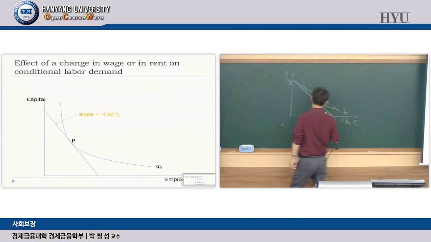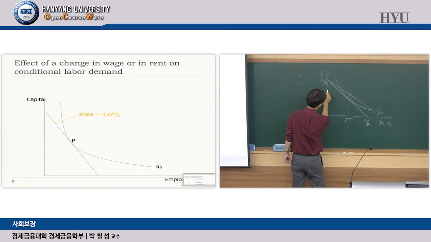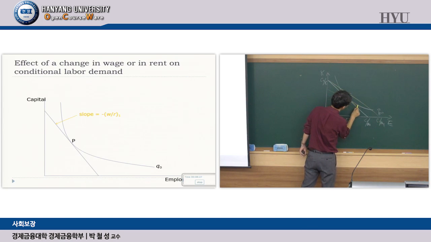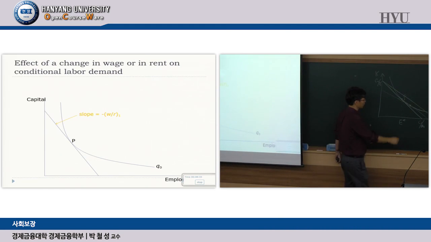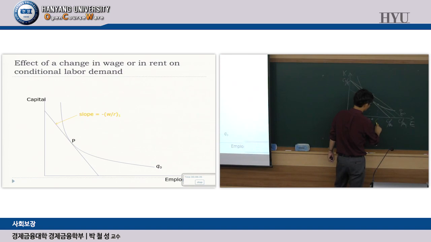To find the new optimum. And then you can easily find that it should be something like this, right? Okay, so let's say this is the new optimum. Got that?